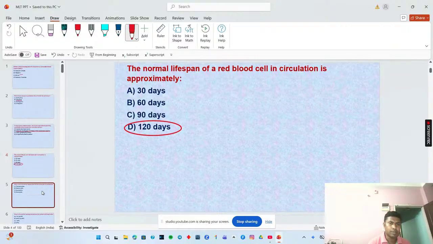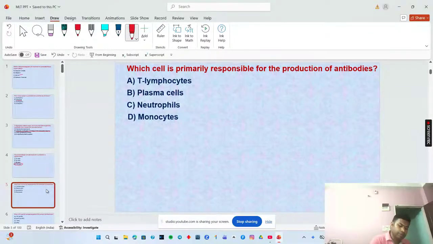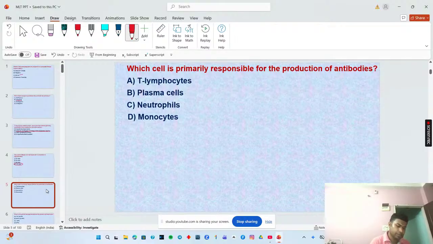Now, which cell is primarily helpful for production of antibodies?